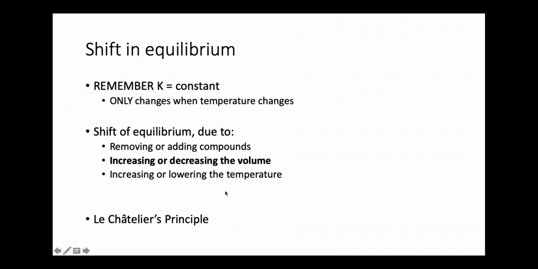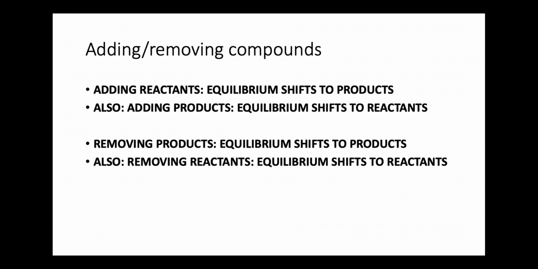So we're looking for shifts in equilibrium. Last class we looked at removing or adding compounds. Today we're going to look at increasing or decreasing volume, and next class we're going to look at the impact of temperature. With Le Chatelier's principle, when you do have a pressure on one side, the system wants to go to the opposite side. When adding reactants, equilibrium shifts to products.